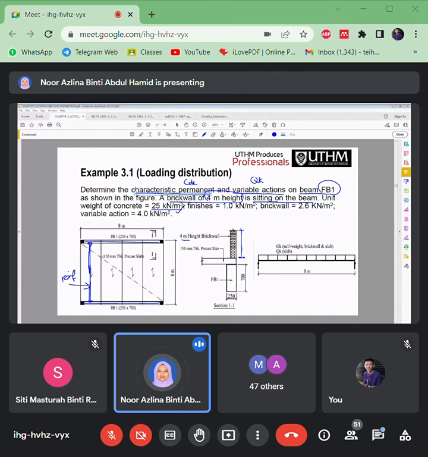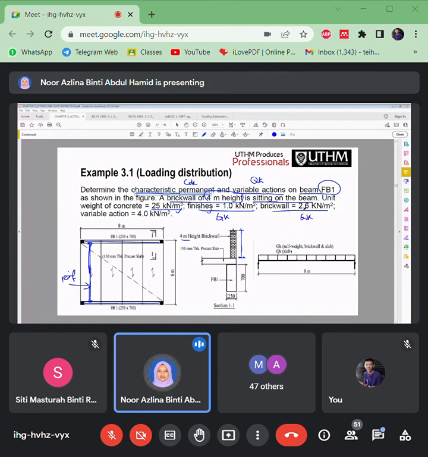Ni standards. Finishes 1. So nampak finishes tak payah nak kira lagi kan, tak payah nak buka tables, is already given here. Okay, for the finishes. Remember, finishes is a part of GK, right?